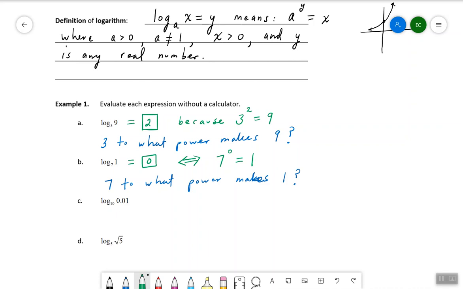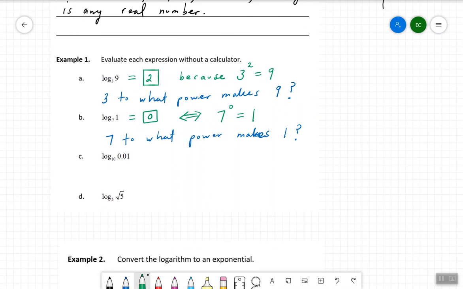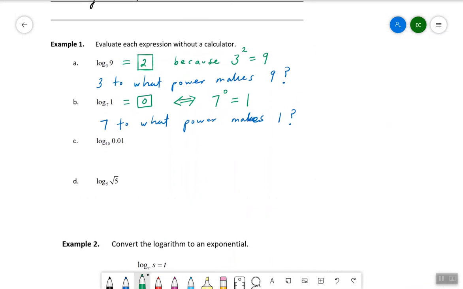Okay, so we're getting a little practice now. What's the question for part C? The question is 10 to what power makes 0.01? And again, property of exponents is the key.